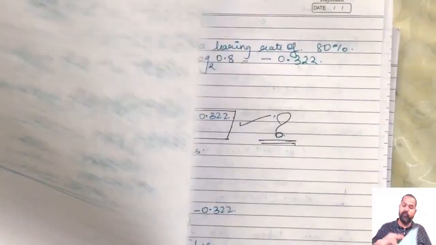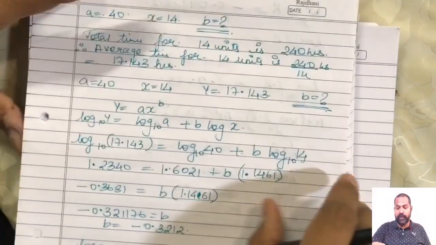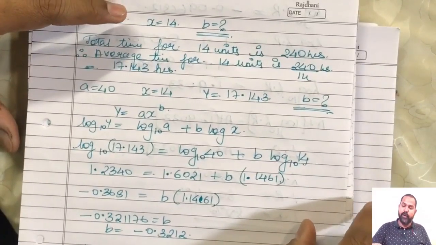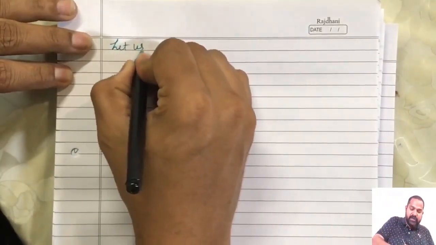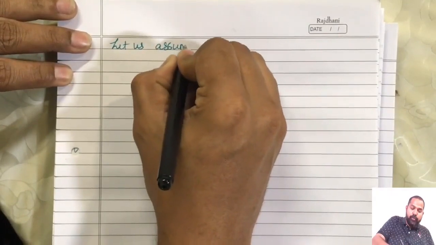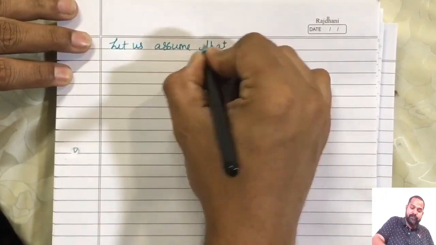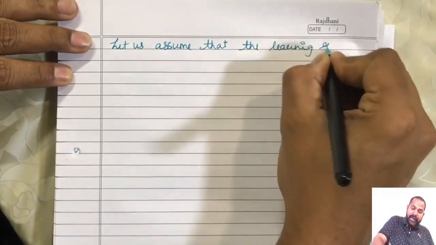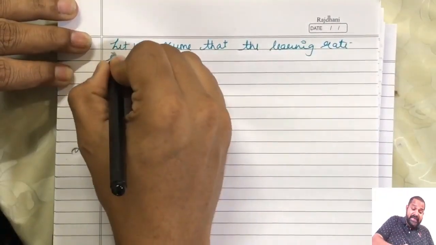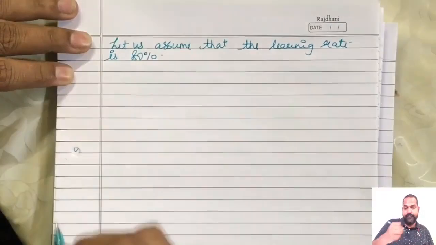There is one more way of going about it, which your institute material has done, and they followed it because it is obviously the easier method. What have they done? Something very simple. They have said, let us assume that the learning rate is 80%.